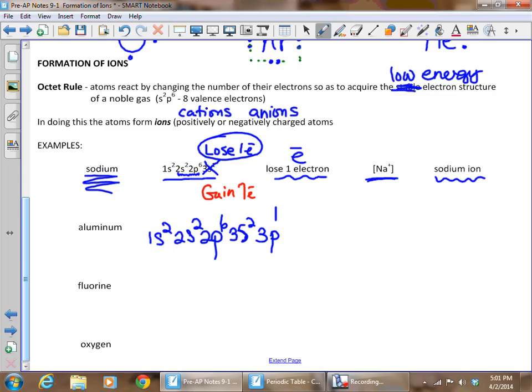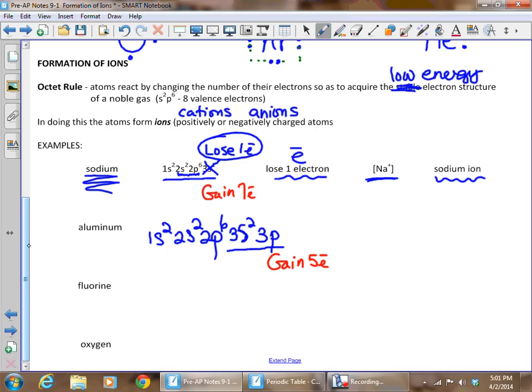Remembering that octet rule, we want 8 total valence electrons in the 3rd energy level, or at least the last one. So to do that in the 3rd energy level, 3s2, 3p6, we would need to gain 5 electrons in order to reach that state.